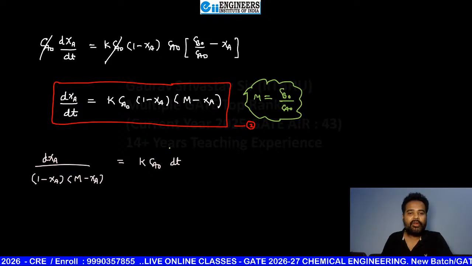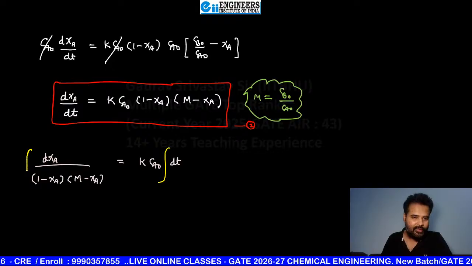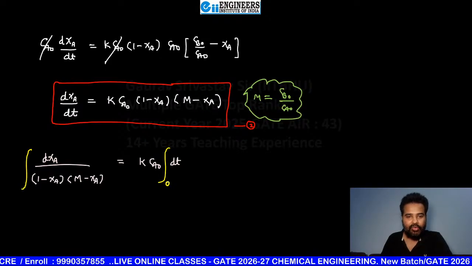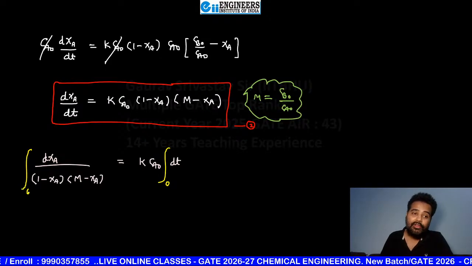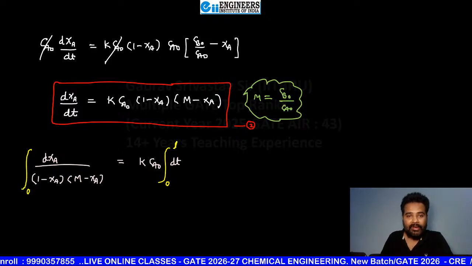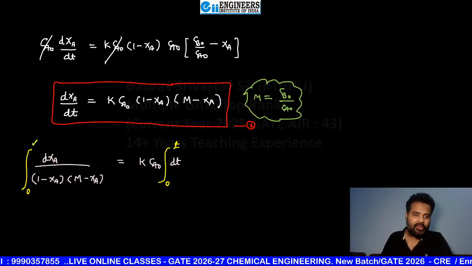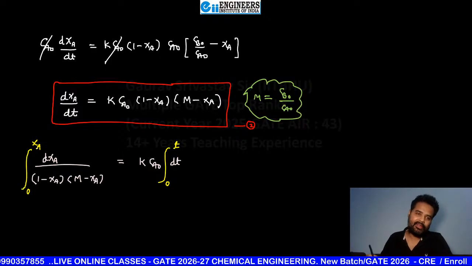And what should be our limit here? When time t is 0, the conversion was also 0. After some time t, we are assuming the fractional conversion of A is xa.